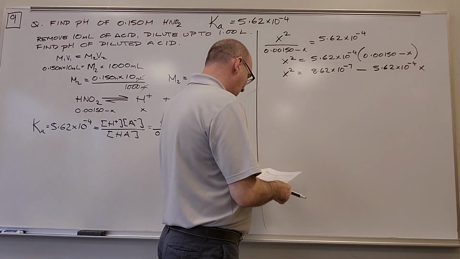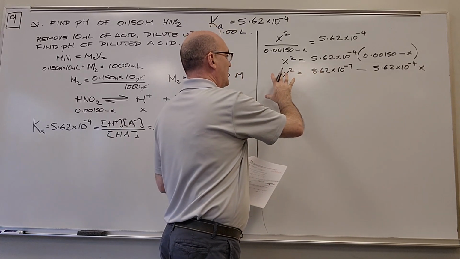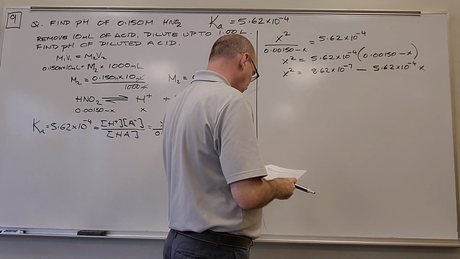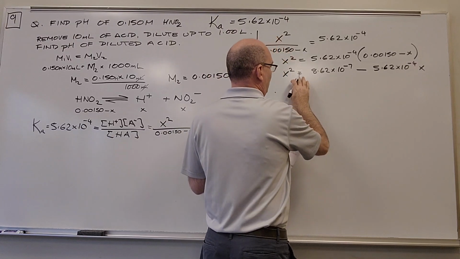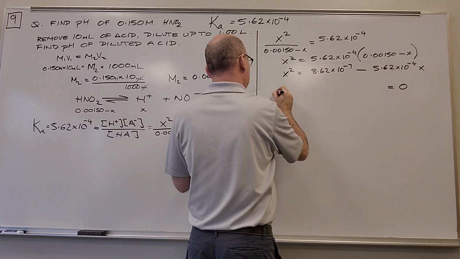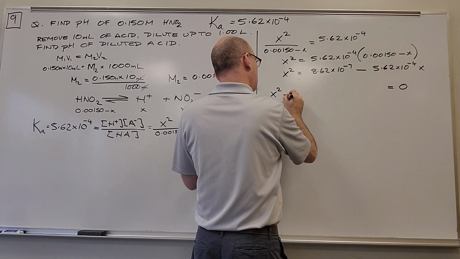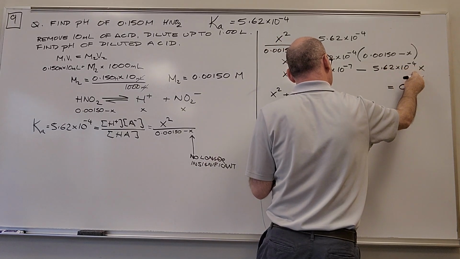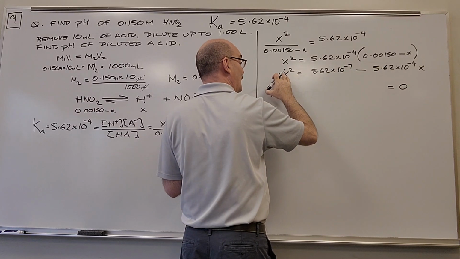And now I want to get everything onto one side so that something equals 0. I'm going to move these two terms across so that x squared, the minus 5.62 times 10 to the negative 4, when it comes across, changes sign from a negative on that side to a positive on this side.